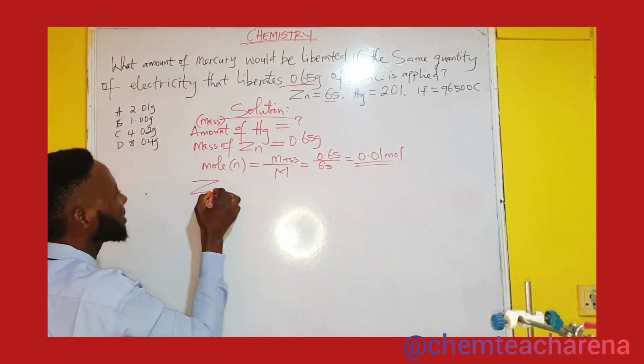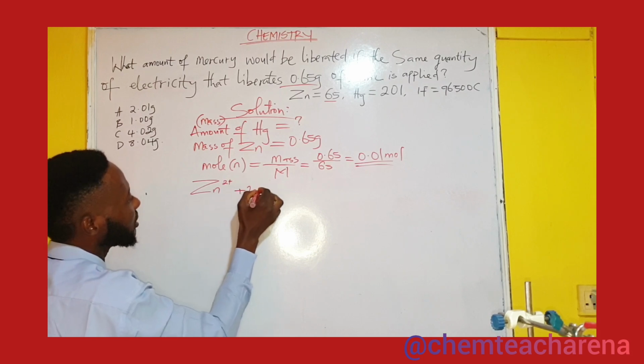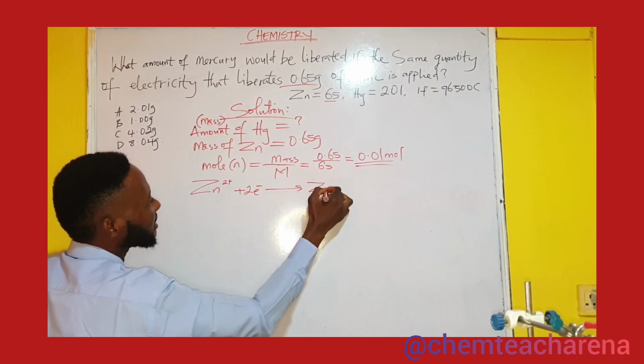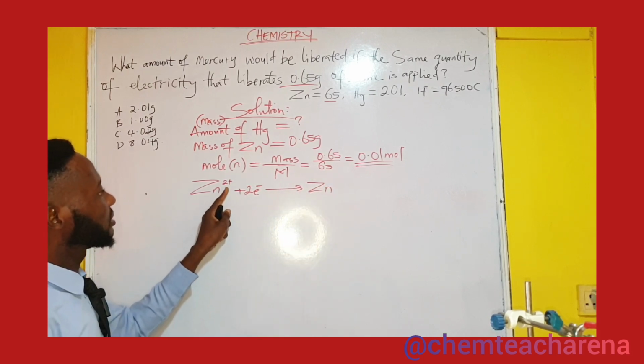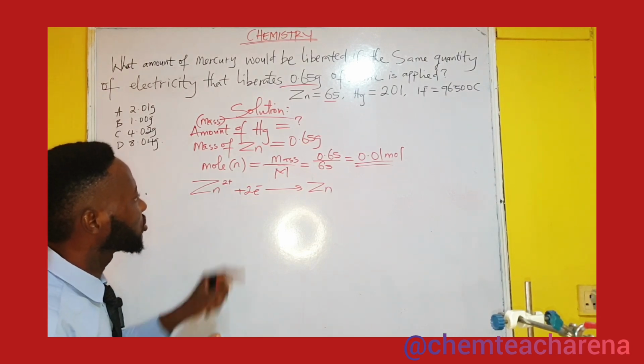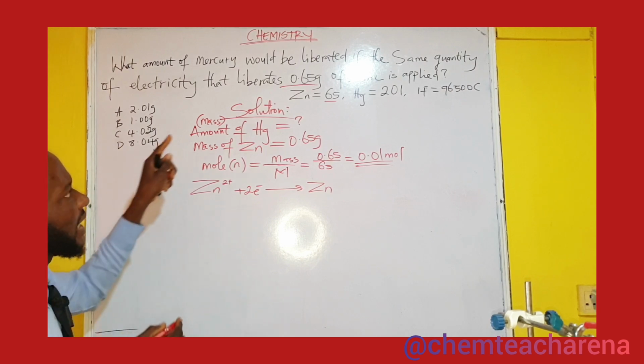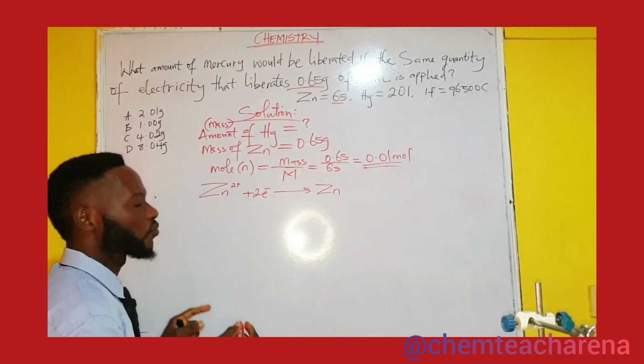Zn2+ plus 2e- gives Zn, so zinc has a plus 2 charge. Now we recall Faraday's second law of electrolysis.